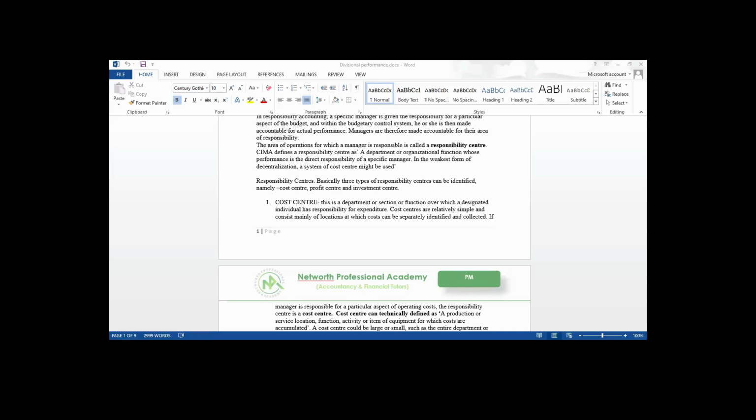When we say a cost center, that department only incurs cost. They will not generate revenue. That department will only incur cost.